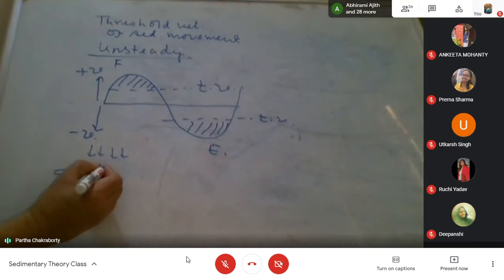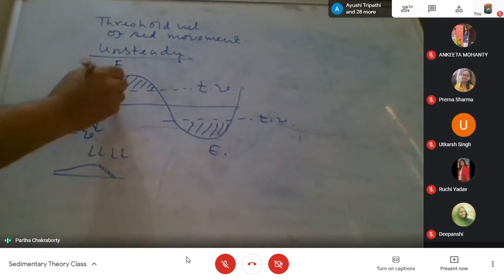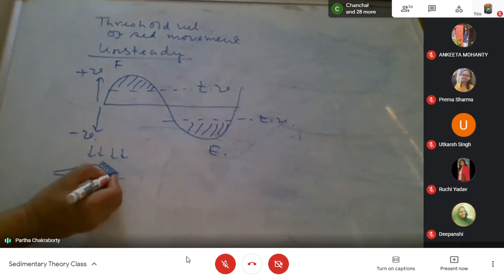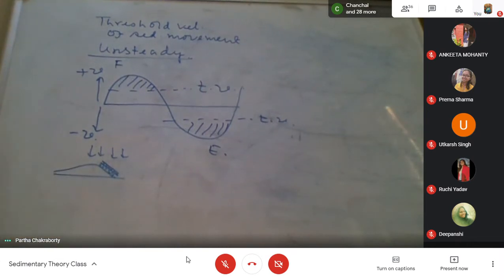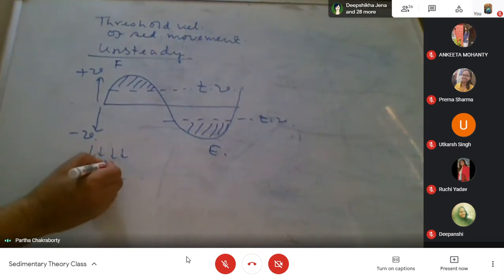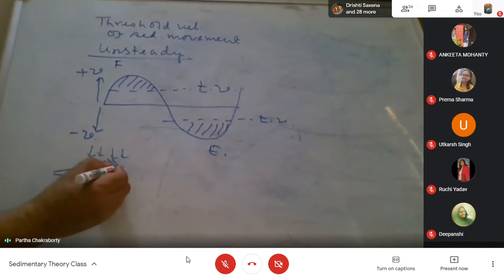So I get mud from suspension. Then the velocity increases and there is a movement, so there will be a sand laminae. Again, the velocity drops and there is no sand movement, so the mud settlement will be there. Again, there is a movement, so again there is sand deposition.